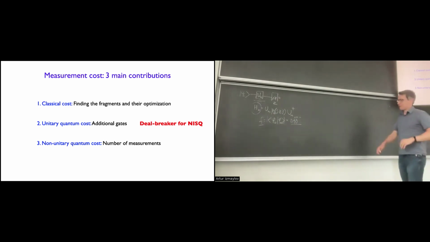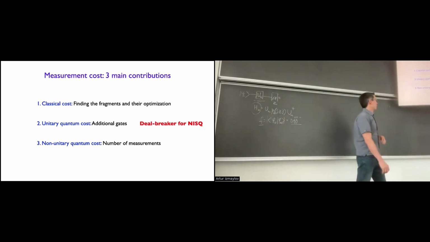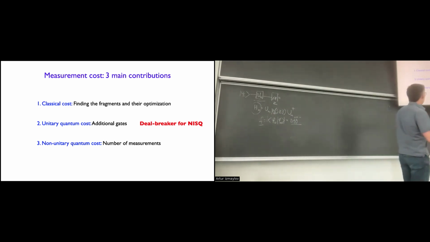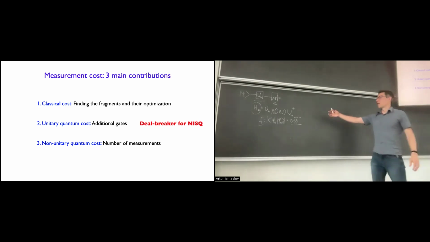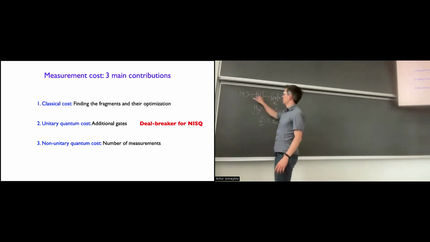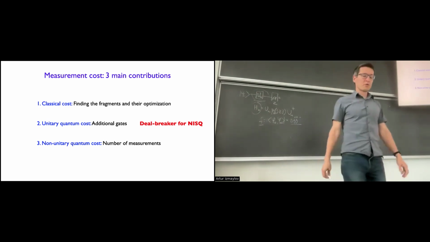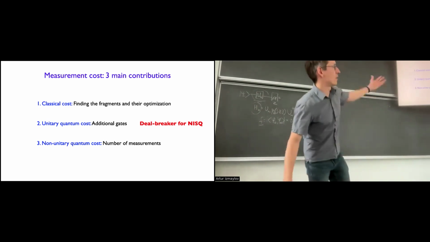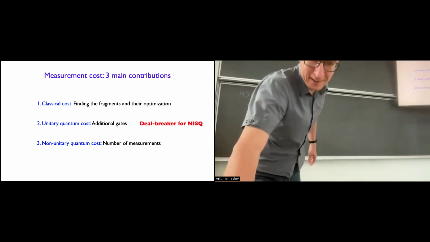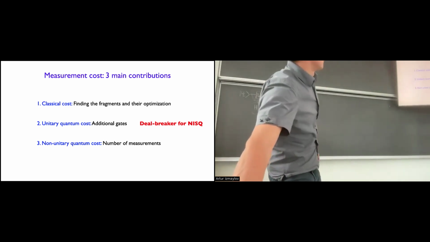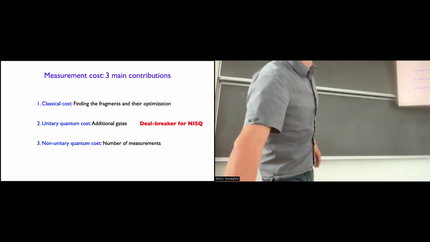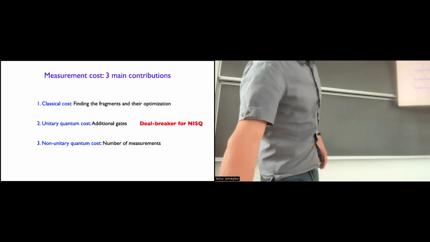And when we start optimizing the number of measurements, we realize only later that you could do really great things with some complicated unitaries, but eventually, if your unitaries are too large, you start getting the noise from the unitary, and you lose all the accuracy essentially. So that's why it's a deal breaker, and we need ideally error correction, but in reality error mitigation.